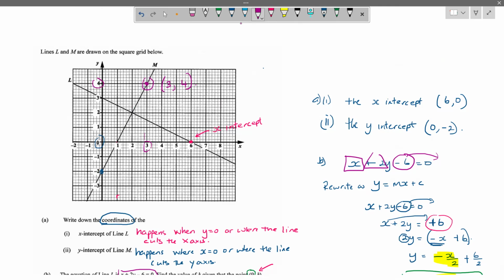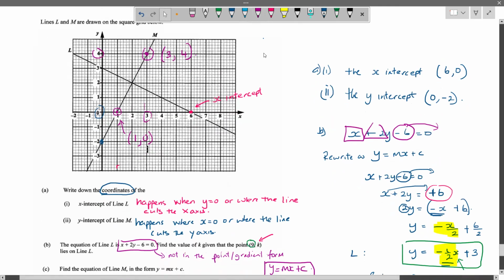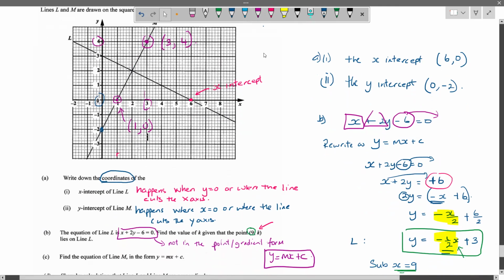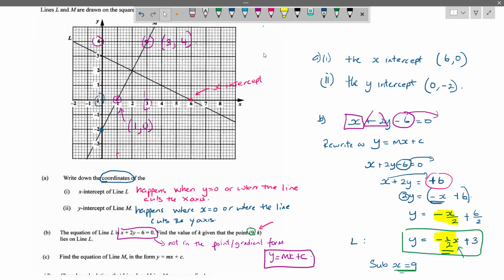Look, I have another one here. That's the point 1 for x and 0 for y. So that's the 2 points I'm going to use, 3, 4 and 1, 0, right? So just choose any 2 points that you can easily identify on the line, right? Because we need 2 points in order to work out the gradient, and then we'll just use one of them when we have to work out the equation of the line.